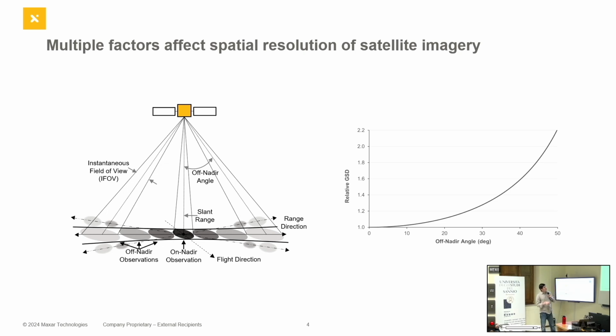For example, if this is the relative GSD, let's say you have a 30 centimeter satellite, and if you are about 45 degrees off nadir, you don't have 30 centimeter data anymore, you have 60 centimeter data. So you lose resolution. If you have a 60 centimeter image, because it was collected very off nadir, your car counting model probably is not going to work. You don't see a car anymore, you see a blob, and your model has probably never been trained on that blob.